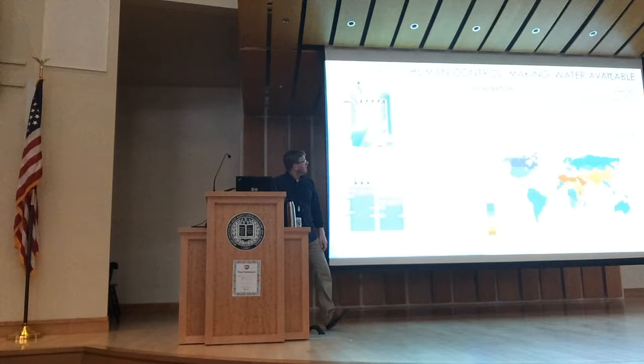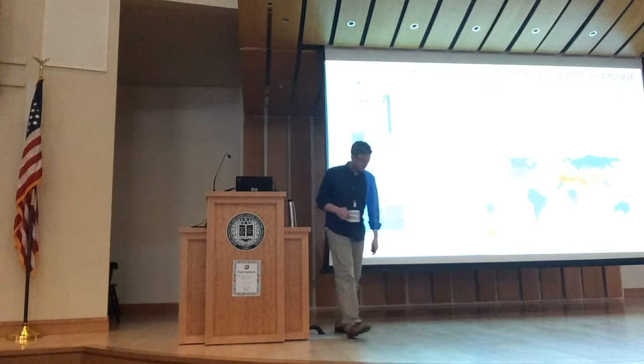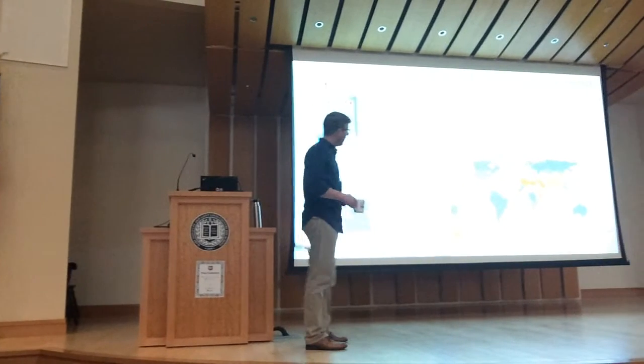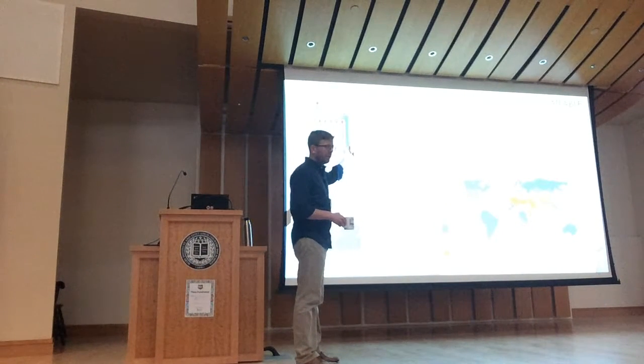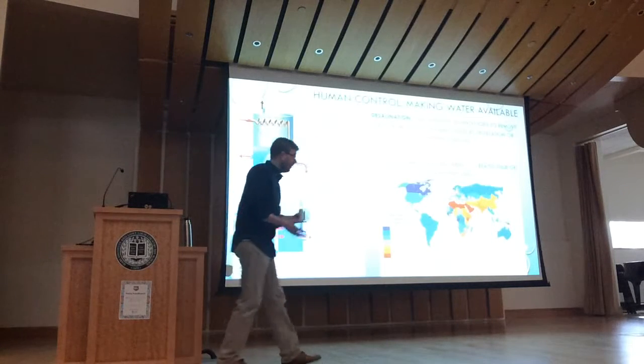Okay, one more way we can do this. 71%, as the video just told us, of the Earth's surface is ocean. Wouldn't it be great if we could drink ocean water?